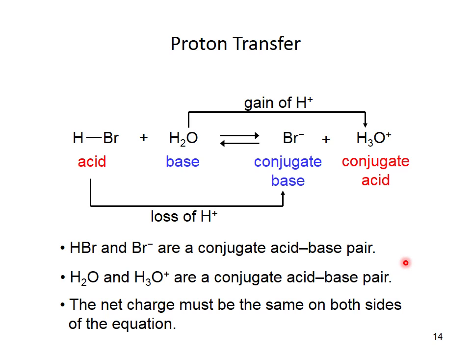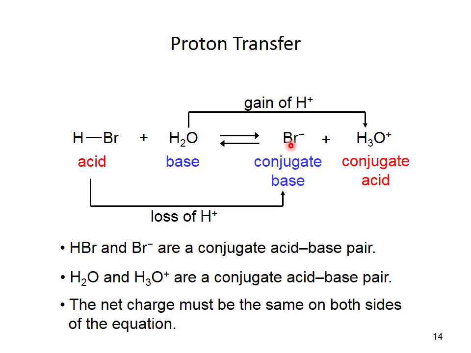Now, how is it you figure out what is a conjugate acid or what is a conjugate base? It's really very easy. You take the acid, any acid, and you take off the hydrogen ion. So you're taking off H+. What must be left behind? If I take a plus away from this, I must leave a negative behind. And of course, I'm taking off the hydrogen.